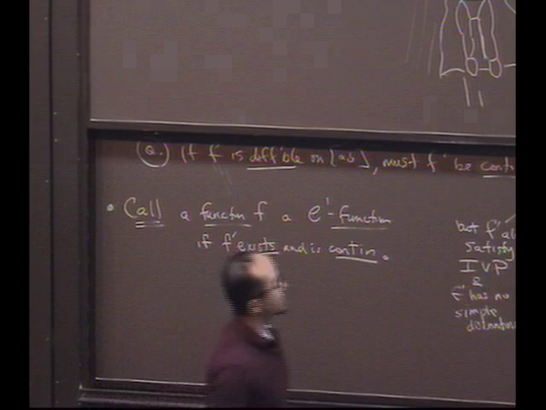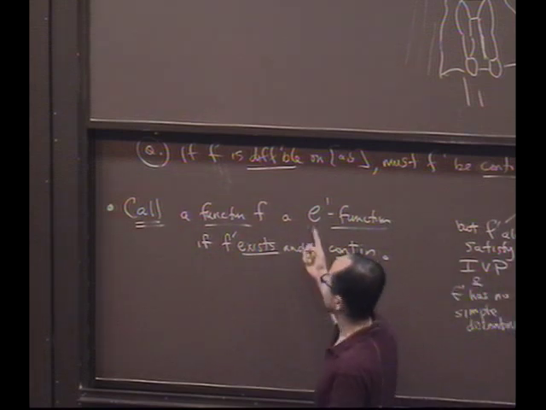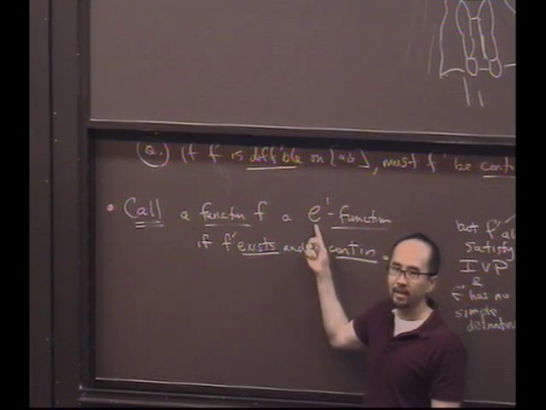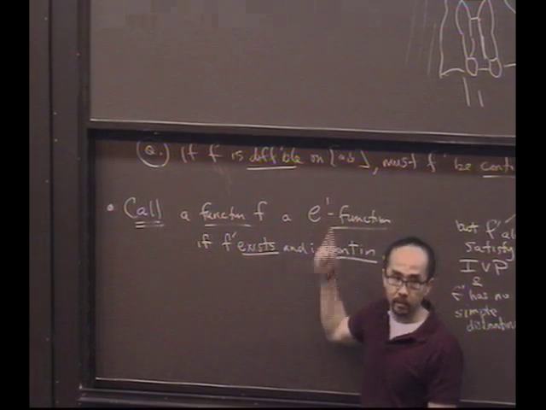So this is an example of a function that's not a C1 function. This C is usually scripted, and it's supposed to remind you of the word continuous. So it has a continuous first derivative. All right?